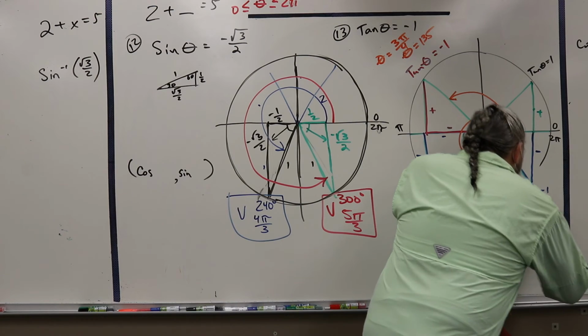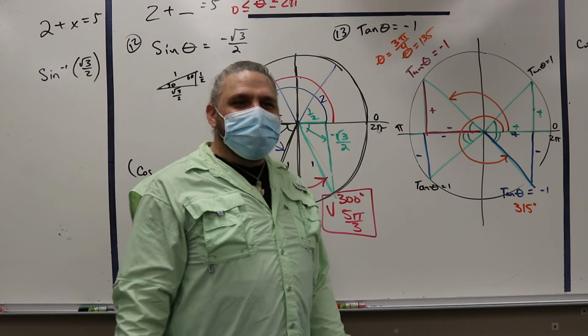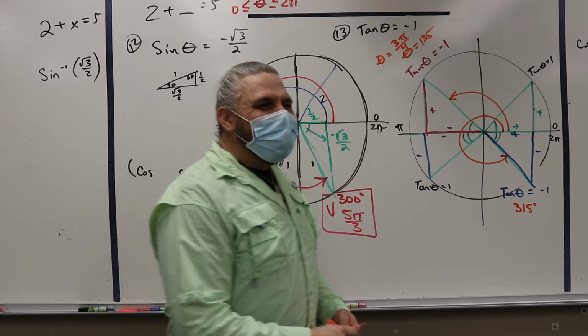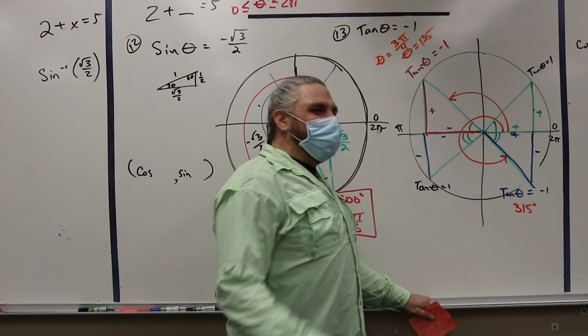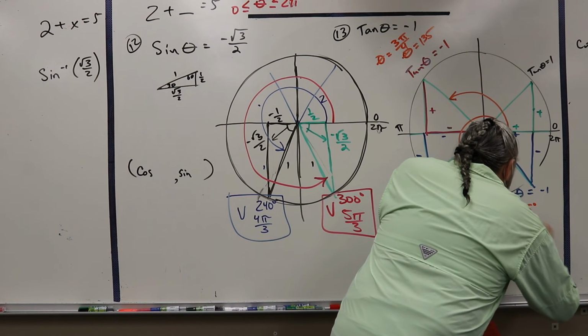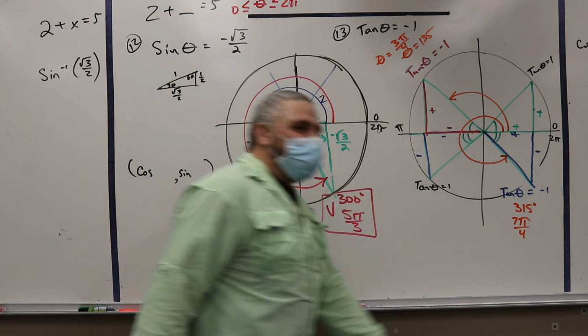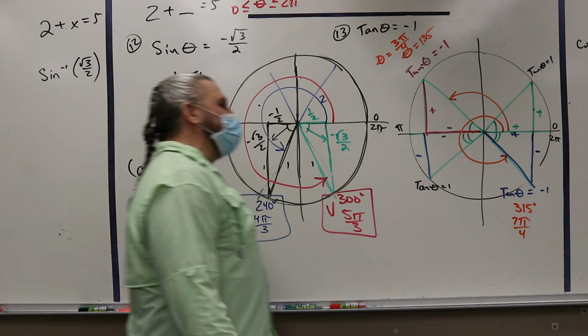You meant 7 pi though, right? Over 8? No. Over 4. Thank you. You guys are so confident. And I kept messing with you too much, I guess. All right. Yes, 7 pi over 4, 315, right?